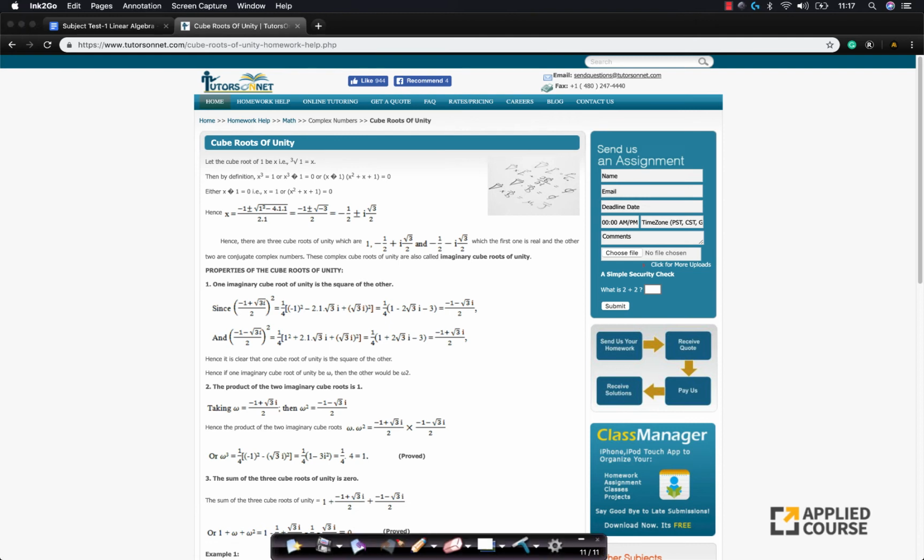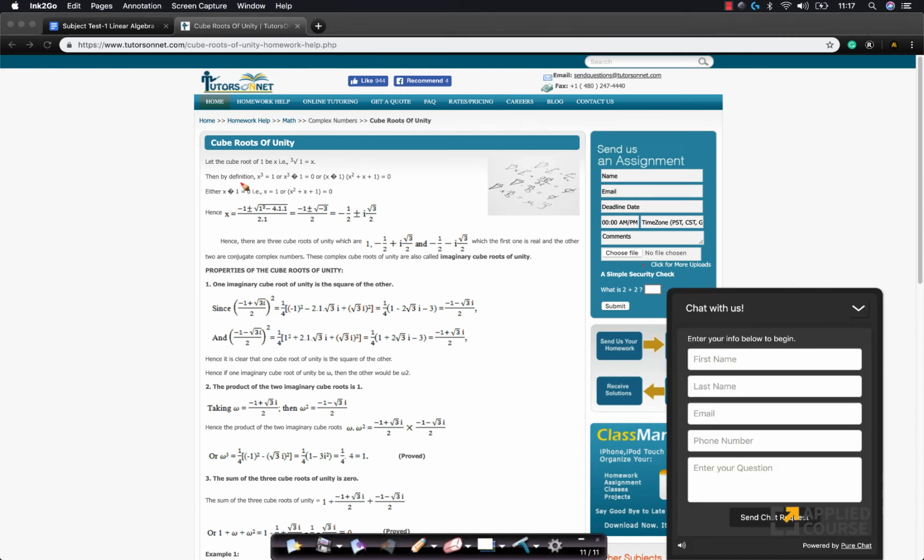Look at this. In this article it says, x equals 1 is one cube root of unity. Again, you can solve this also. Cube root of 1 equals x, which means 1 equals x cube, which can be written as x cube minus 1 equals 0.